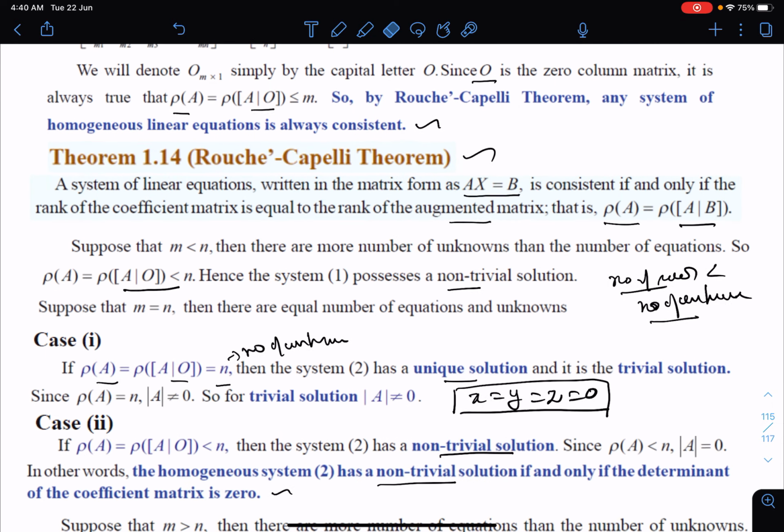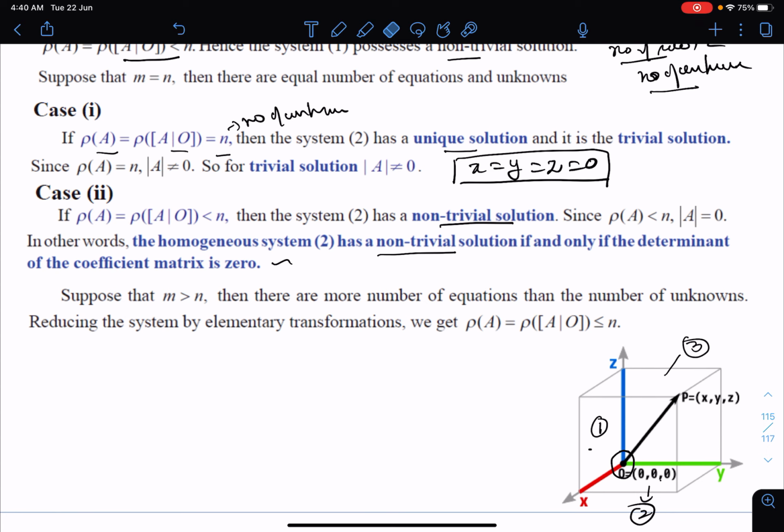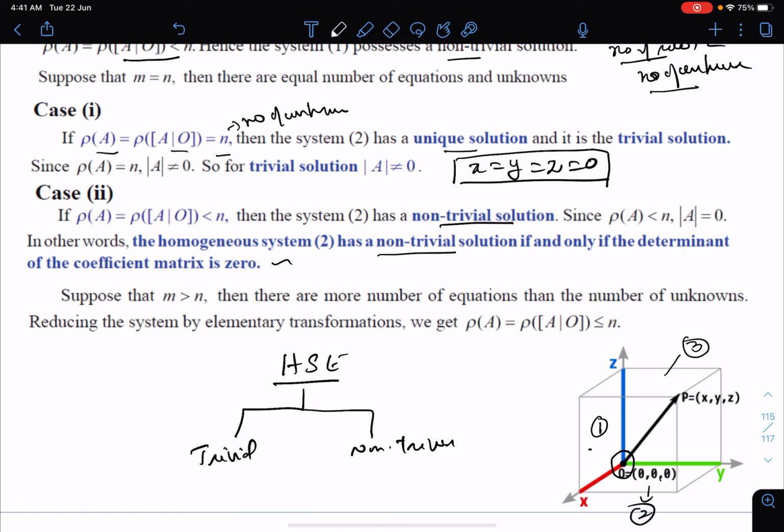So how many cases can we see in the homogeneous system of equations? We can get two types: trivial and non-trivial. For trivial, you will get the answer as 0, 0, 0, and for non-trivial you will get an infinite number of solutions.